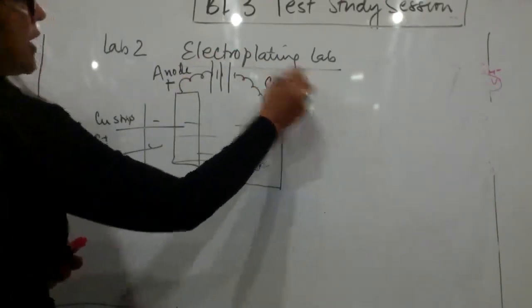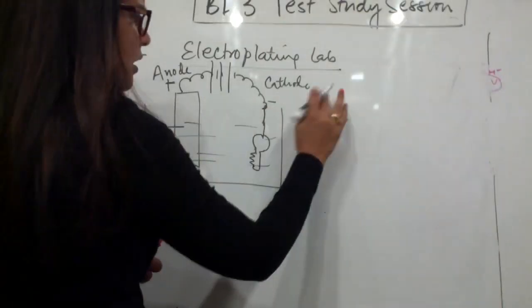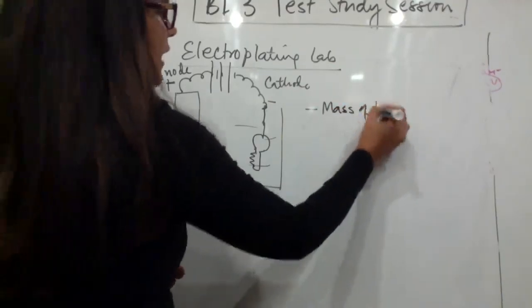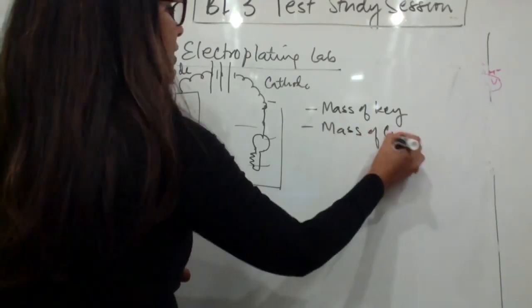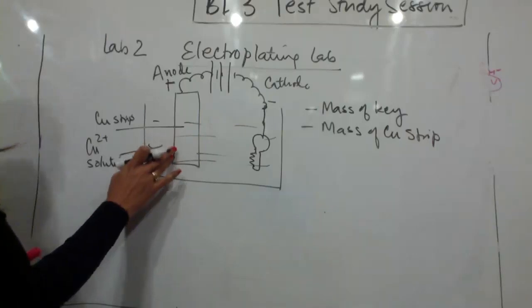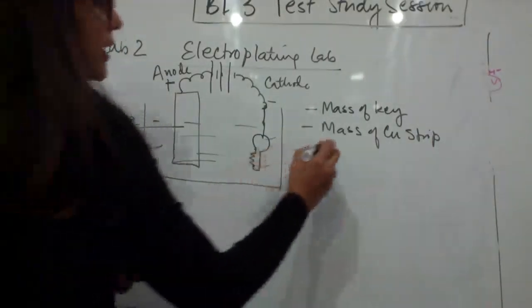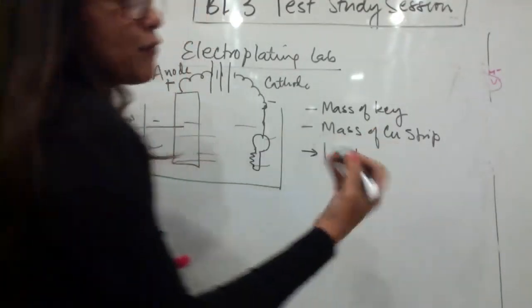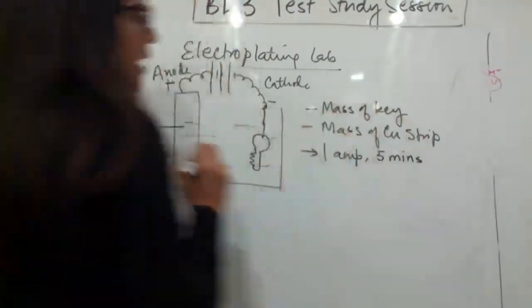So that was anode and that was cathode. And what we did here is we took different data. We started with mass of key, mass of Cu strip. And now what we did is we passed 1 ampere of current for, I forget, I think around 5 minutes or so.